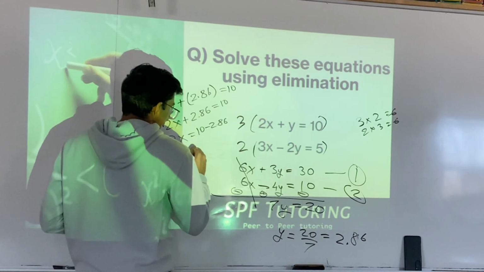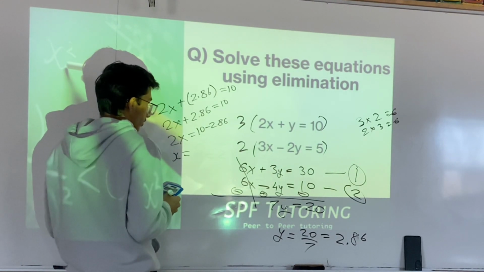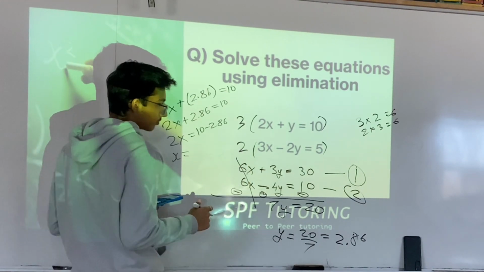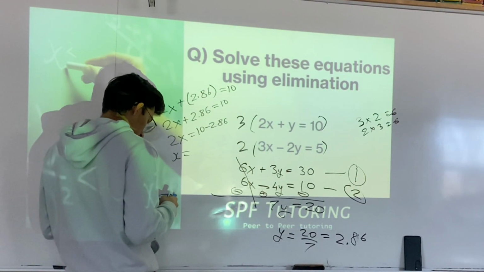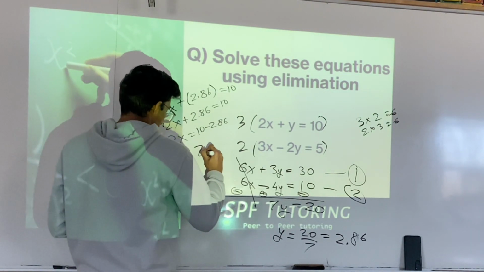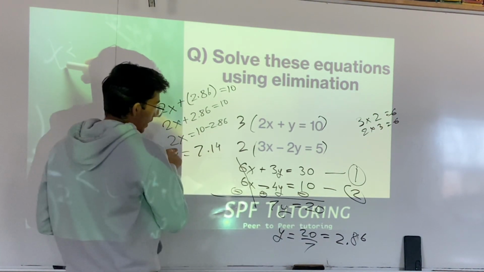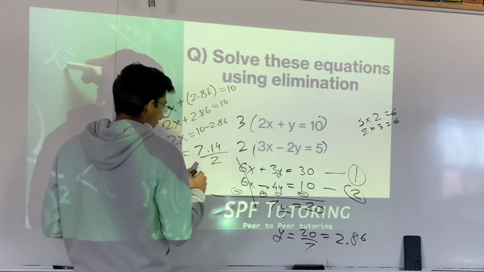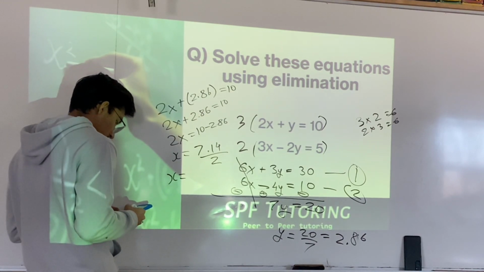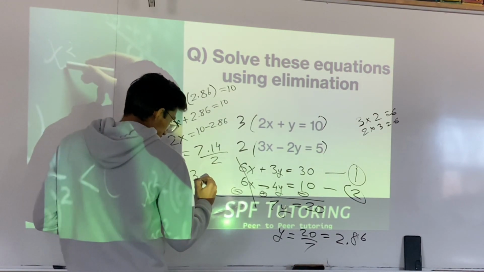So x equals, because you find this value and you divide it by 2, you skip steps. So 10 minus 2.86 is 7.14, divided by this 2. You should not forget that 2. And x equals 3.57.